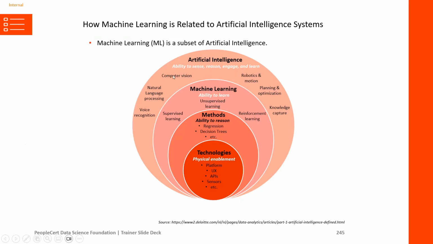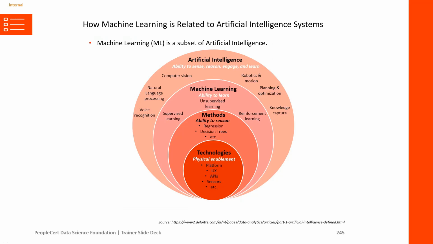In artificial intelligence you have computer vision, natural language processing, voice recognition, robotics or motion, planning and optimization, and knowledge capture. That's the outer set of artificial intelligence. Machine learning is the inner subset of that outer set.